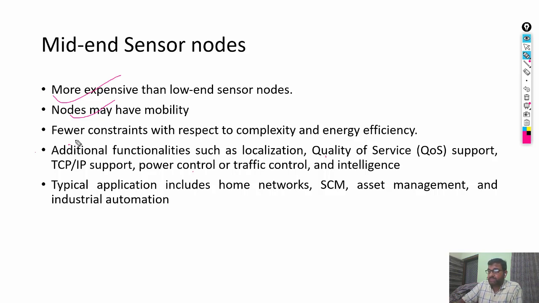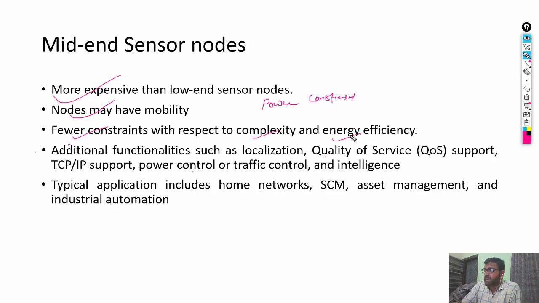Power constraints: all kinds of sensors have power constraints, along with complexity and energy efficiency. Sorry, I'm so sorry. Power constraint is also one of the biggest issues in IoT nodes. So power constraints are associated with all kinds of machines, but other constraints are also associated here, that is complexity and energy saving.